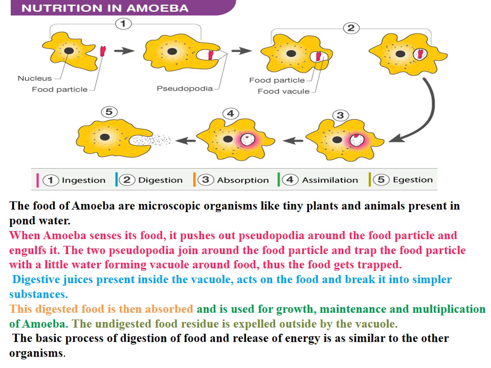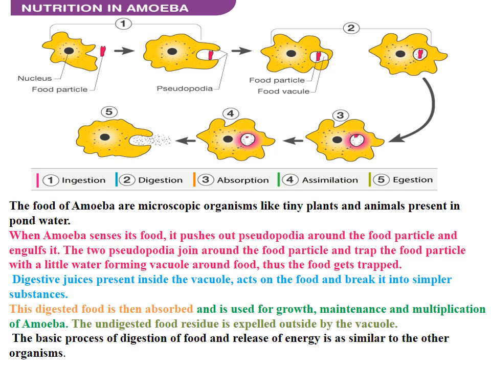Next, digestion. The next two pictures show how digestion takes place. As they have already formed the food vacuole, inside the food vacuole there is digestive juice, just like in our stomach, where digestive juices are present. They possess food vacuoles, but we do not have such food vacuoles.